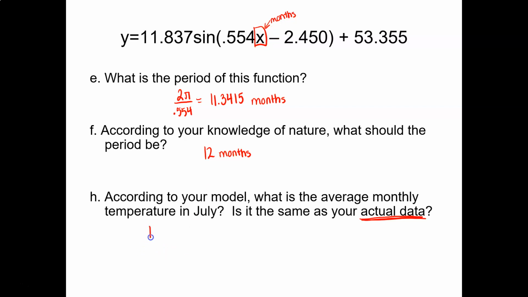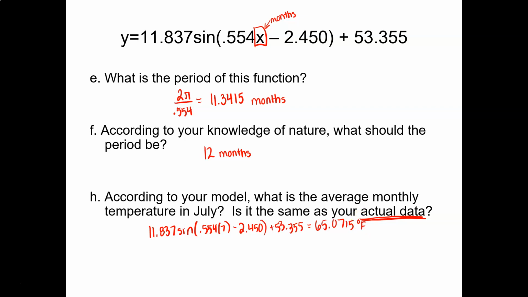So if we just plug in 7, 11.837 sine of 0.554 times 7 minus 2.450 plus 53.355, we will get our answer. And I got 65.0715.